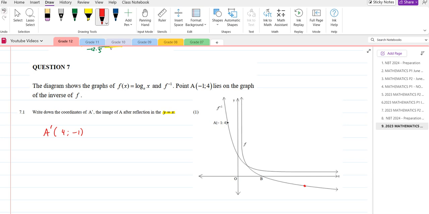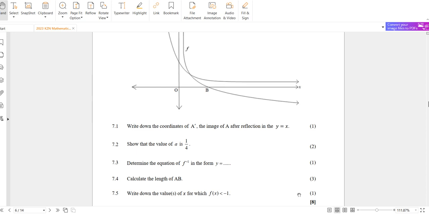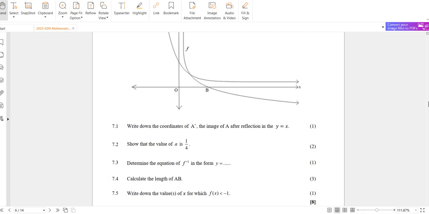This is f inverse, minus 1 and 4, which is the exponential. Yes, so this point here will be on the log graph, which is 4 and minus 1. That's where A goes. Right, moving on to the next question. Show that the value of a is a quarter. Right, so how are we going to show that the value of a is a quarter?